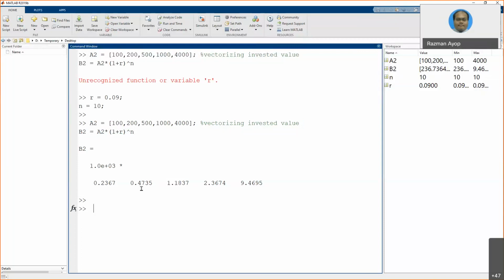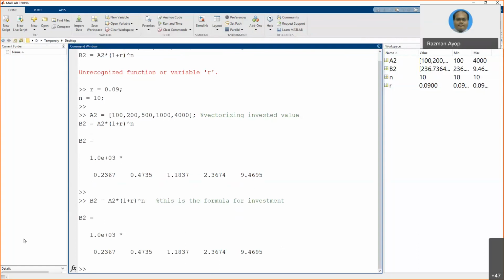For example, here you can comment: this is the formula for investment. You can write anything, just to make sure that you know what the coding is all about. It's just a comment.